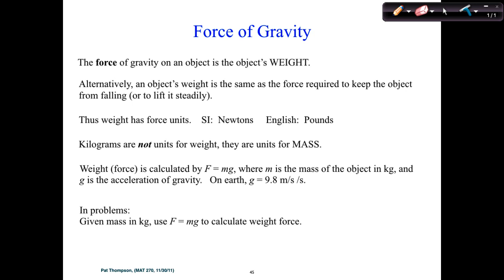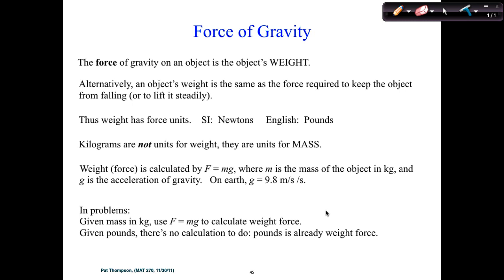But if you're given pounds, there's no initial calculation to do because that's already weight force. Does that make sense? So you may see the same type of problem in English versus metric units. In metric units, if you're given kilograms and you need weight, you need to do this initial calculation of mg, and that gets you weight in newtons.